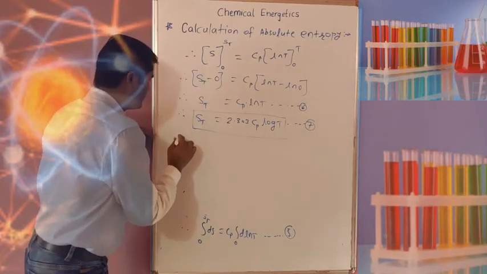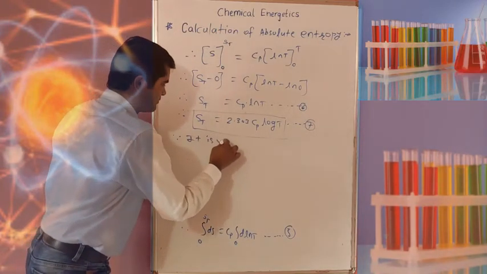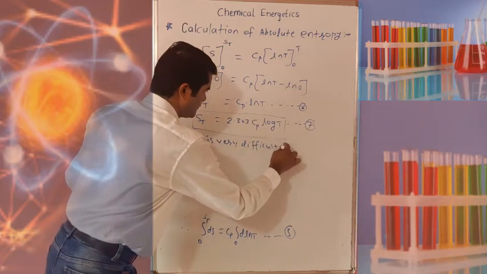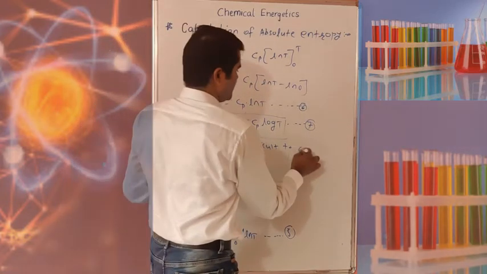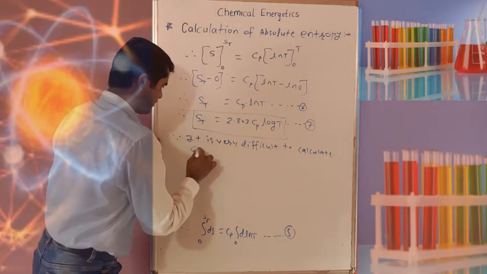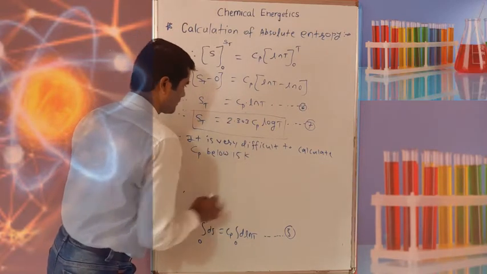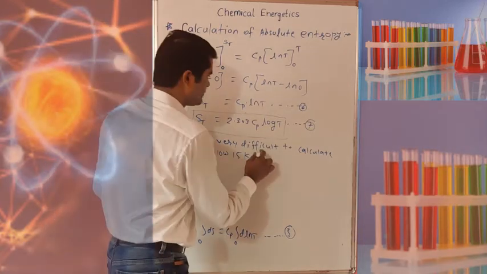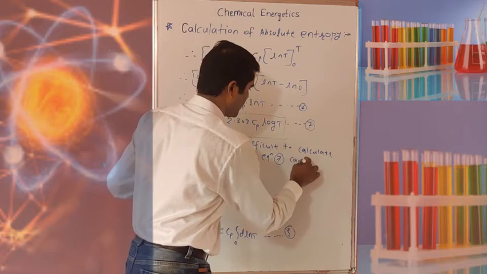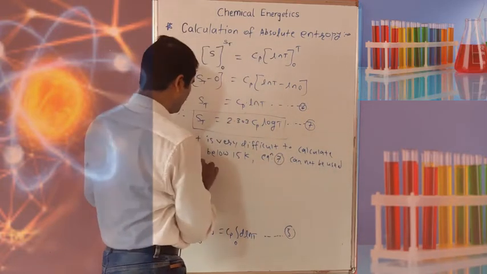So since it is very difficult to calculate Cp below 15 Kelvin, equation 7 cannot be used below 15.